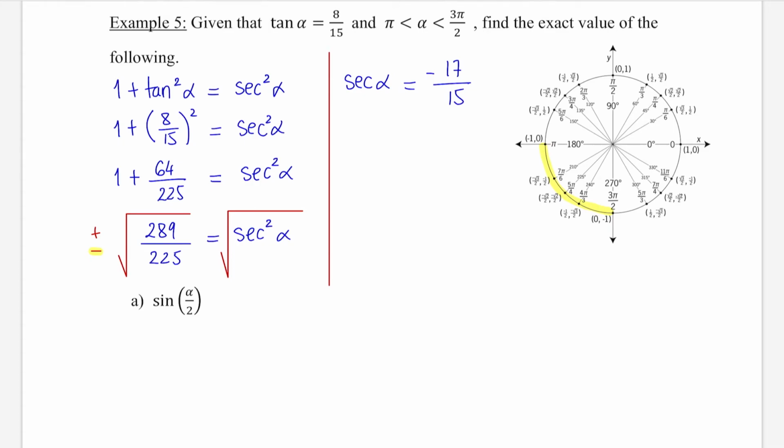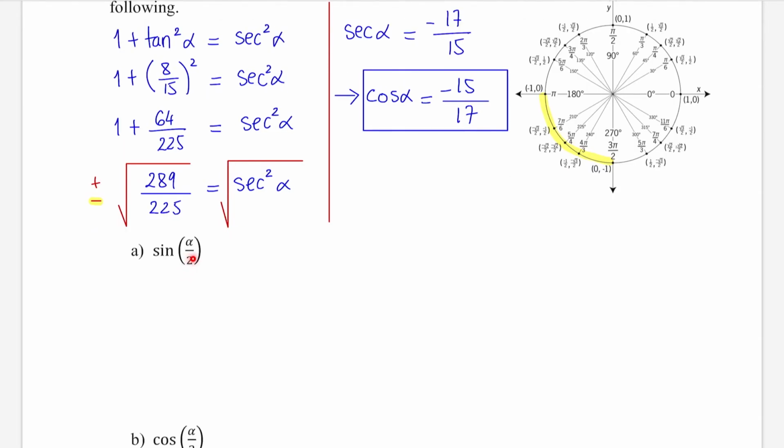And I want to find cosine. Cosine is the reciprocal of secant. So cosine of alpha is negative 15 over 17. And I will use this information to plug into the formulas of half angles later.